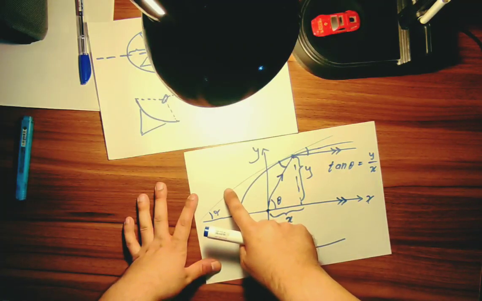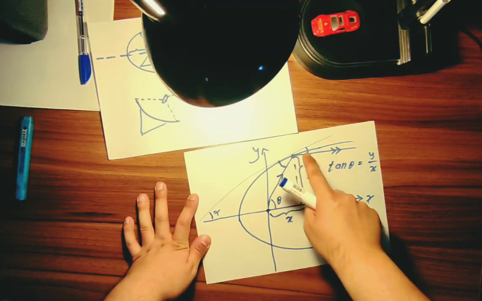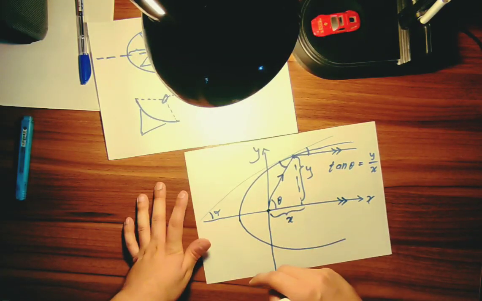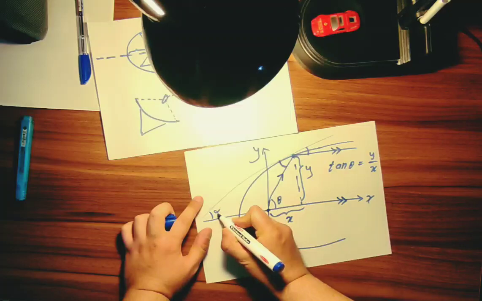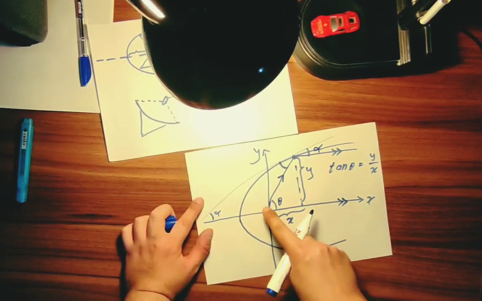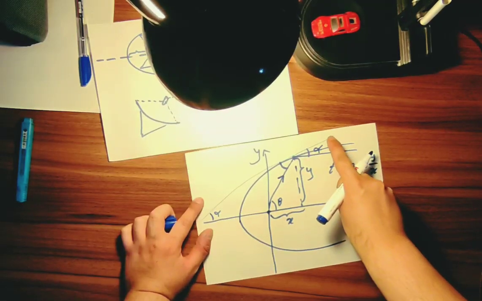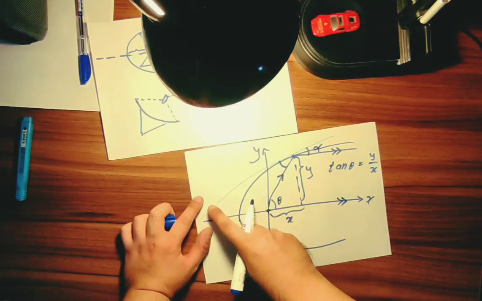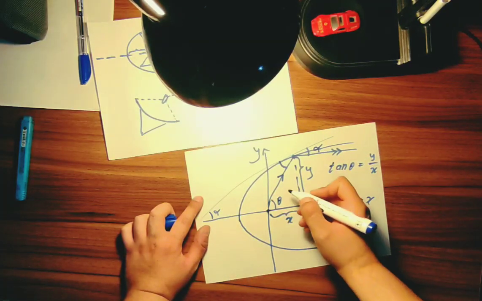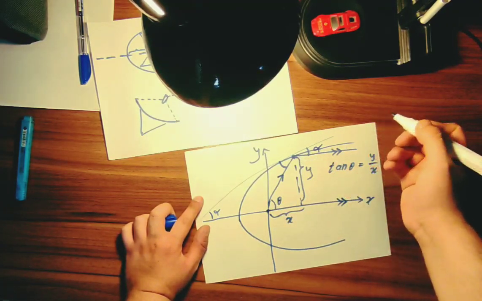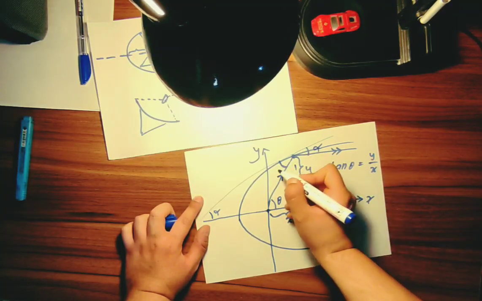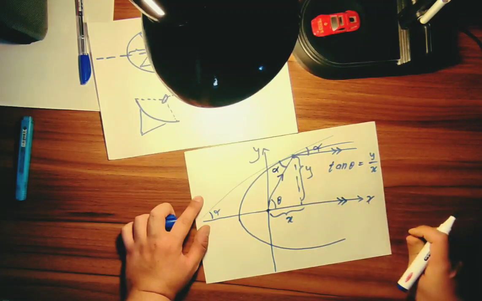This line actually cuts this line and this line, which are parallel, and so the angles are equal. So if this is alpha, this is alpha too, because these two lines are parallel and this line, the tangent line, cuts both of them, and this is alpha and this is alpha. And we said that the light beam acts in such a way that these two angles are equal, so this is alpha and this is alpha.